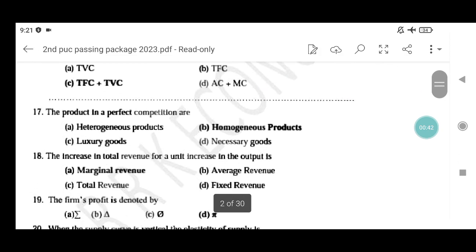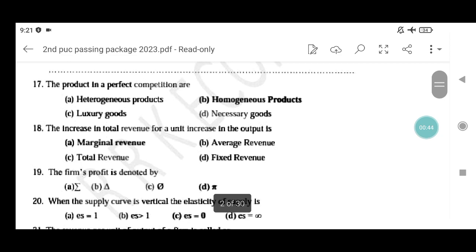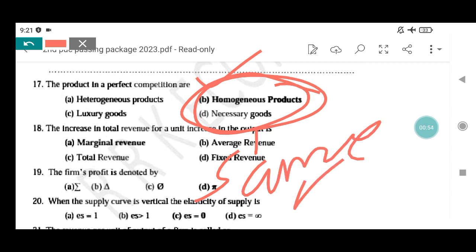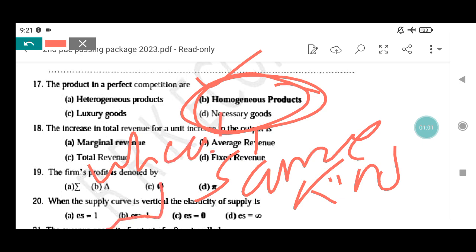Next question is, the products in a perfect competition are always homogeneous. Homogeneous means the same kind of goods, the same kind of products. For example, wheat is selling, jawar is selling, sugar is selling, like that.